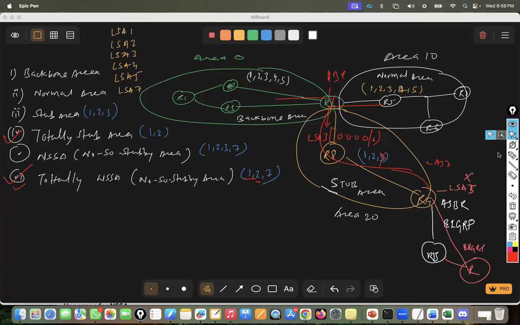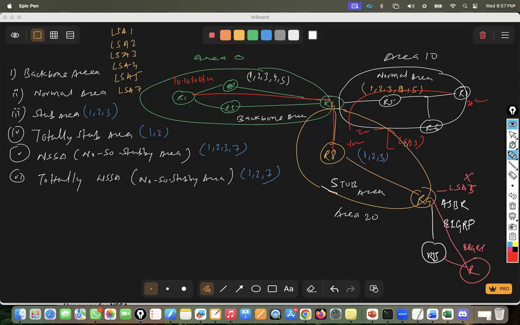Here LSA 3 means, take an example. This router has the network 10.10.10.0/24. It will come here and it will reach here. Here we have, let's suppose, 20.20.20.0. It will come here, in which LSA? As LSA 3.